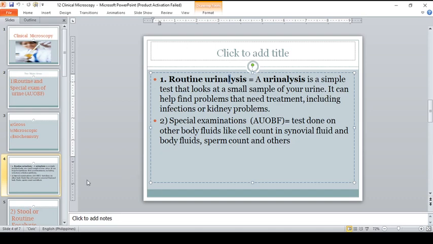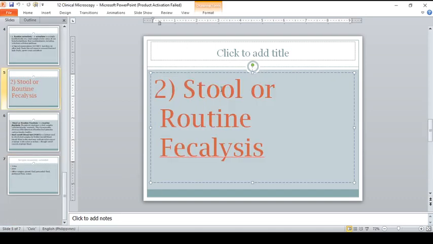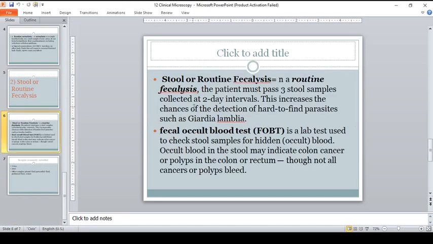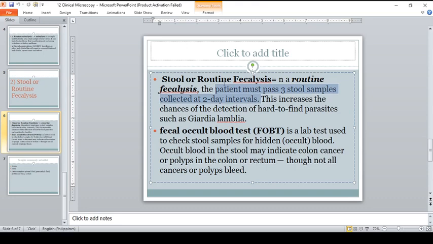Okay? So, another, stool or routine fecalysis. So, this stool or routine fecalysis is commonly done to assess for the presence of parasites. Okay? So, here, the patient must pass 3 stool samples collected at 2-day intervals. Pero guys, pwede lang din naman na isang sample lang.